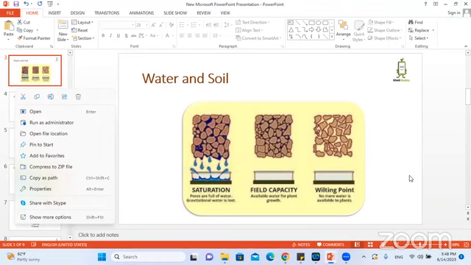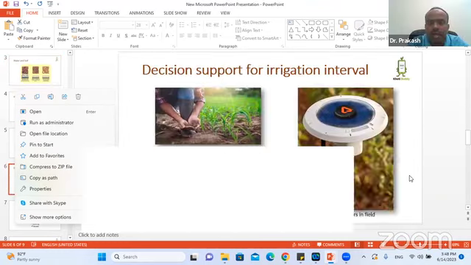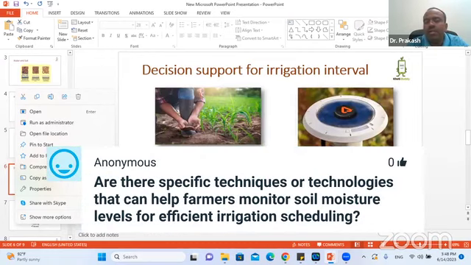And are there specific techniques or technologies that can help farmers monitor soil moisture levels and efficient irrigation scheduling? Yes, earlier I mentioned that there are decision support tools available in the market. That is, moisture sensors are there in the market.